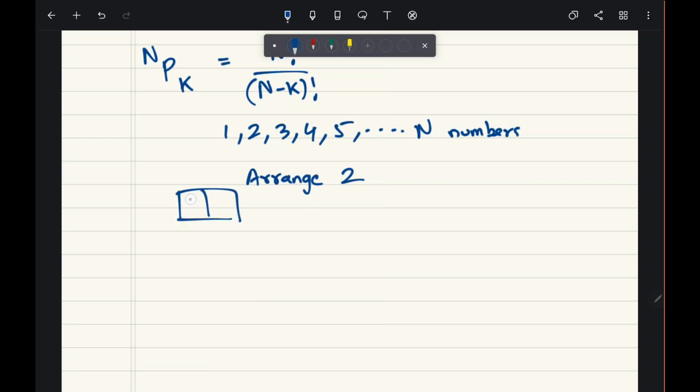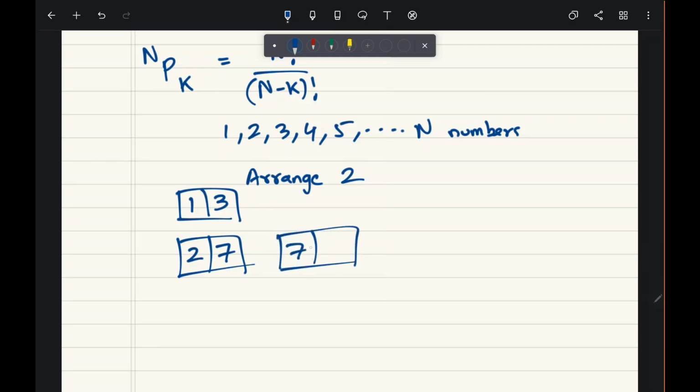I can put 1 here and maybe 3 here, or I could put 2 here and maybe 7 here, right? And these are different arrangements, as well as if I put 7 and 2, these are considered different arrangements as well. So how do we do this?